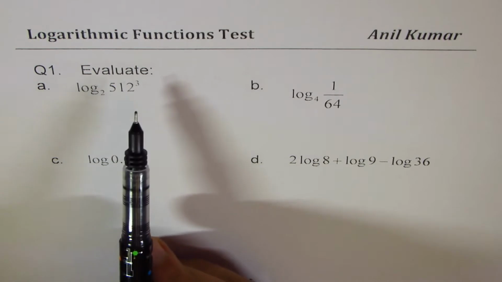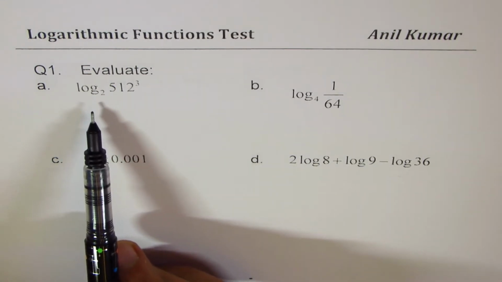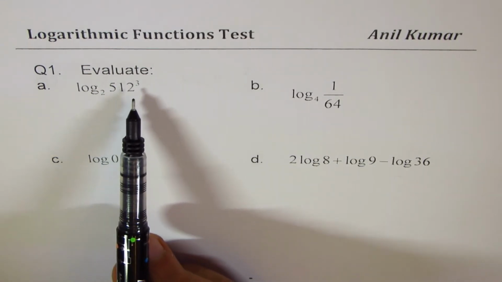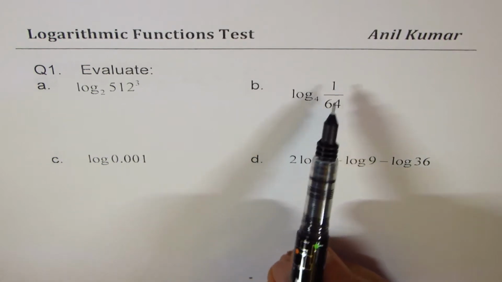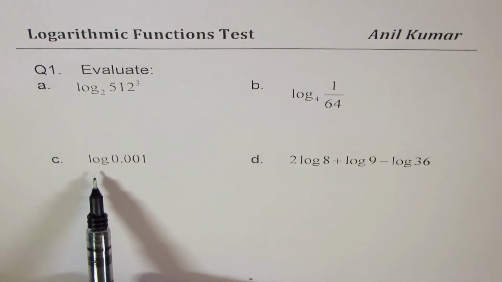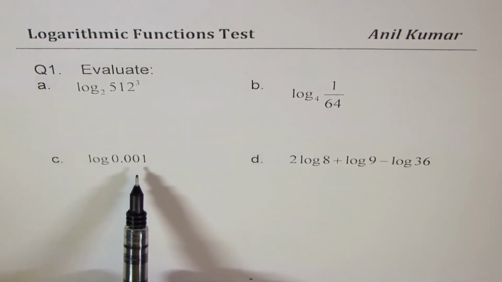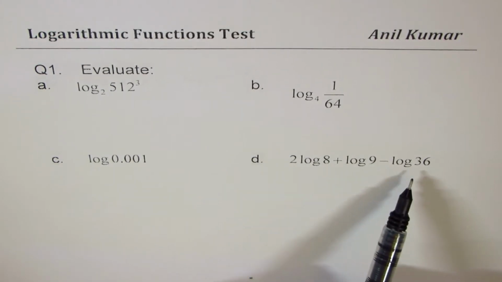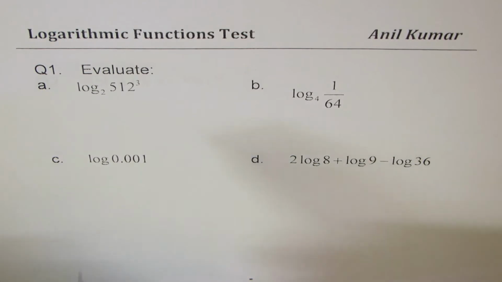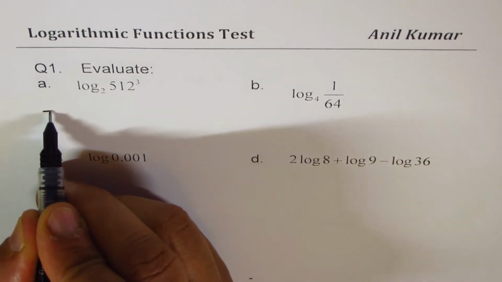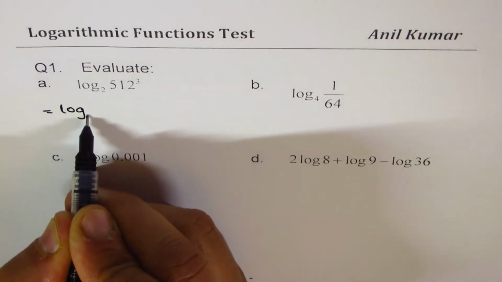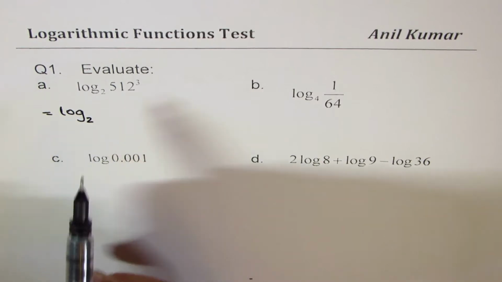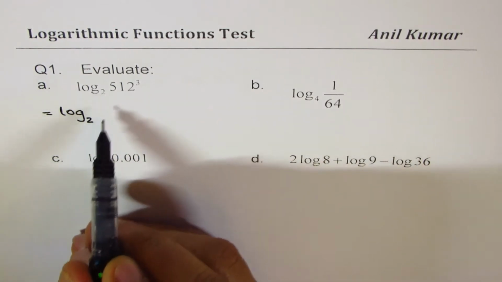Question number 1. Evaluate log to the base 2 of 512 cube, log to the base 4 of 1 over 64, log of 0.001, and 2 log 8 plus log 9 minus log 36. So the idea here is to write the logarithm when we know the base, the argument with the same base.